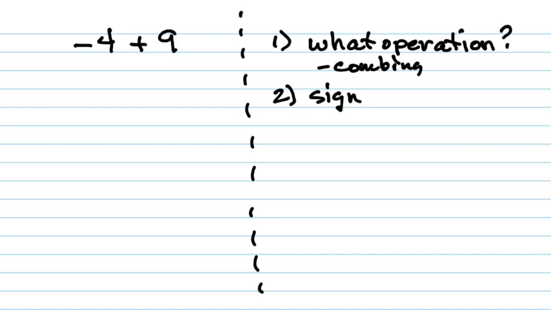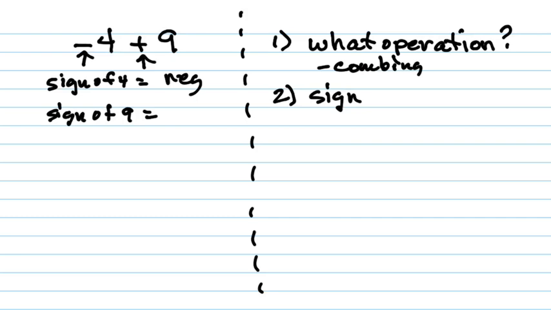Now, you're always going to determine the sign first. So what is the sign of the 4? It's a negative, right? What is the sign of the 9? A positive, right? Well, which one is bigger?